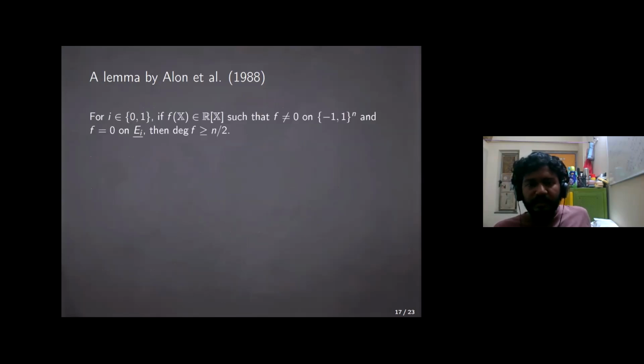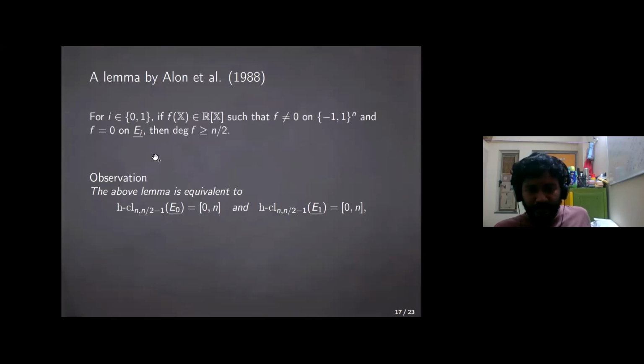Okay, so what is this in our notation? Well, in our notation, we can show that this is equivalent to the following two statements. The degree n by 2 minus 1 hyperplane closure of E0 is 0 to n. And the degree n by 2 minus 1 hyperplane closure of E1 is 0 to n.